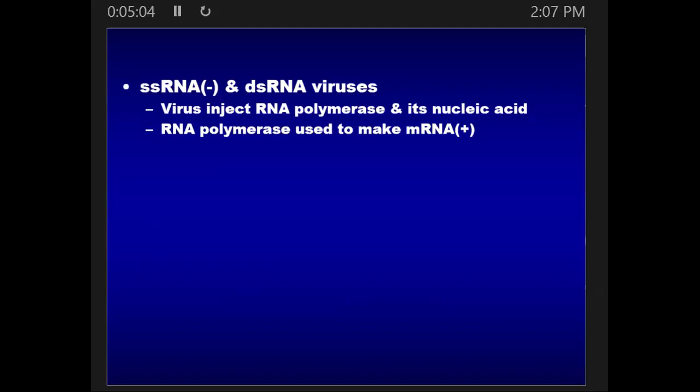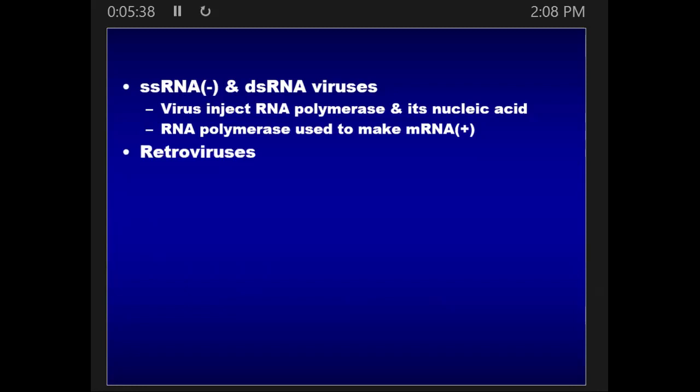And that's what they're going to use then to make protein. So remember, if it's the positive RNA version, that's the strand that you can use to make protein. Okay. So this single-stranded RNA minus, and then the double-stranded RNA, they'll take the minus strand and use the RNA polymerase to make the plus strand off of that. And so it's just this game of making sure that they can make enough of their own nucleic acid, and then they also have to make their own proteins.